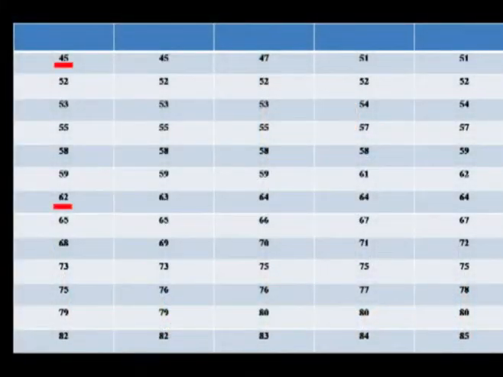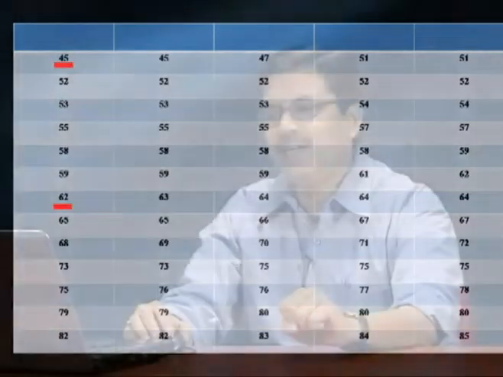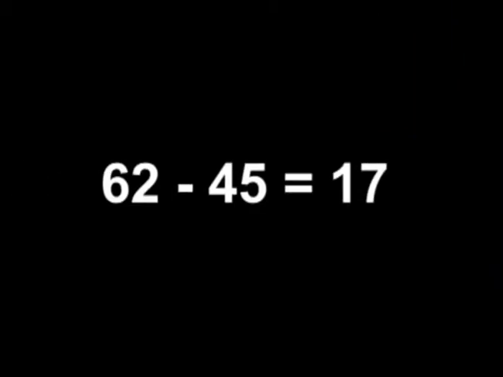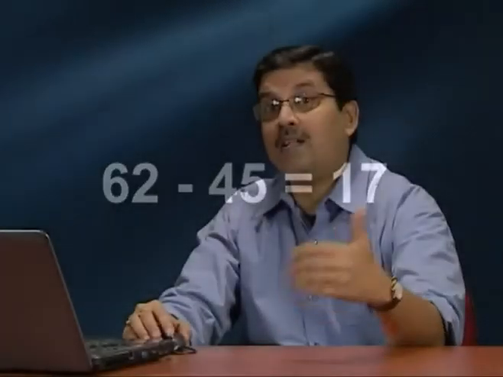Had the highest and the lowest values of the distribution been 62 and 45 respectively, the range would have been smaller. So 62 minus 45 is 17. Earlier it was 40 and now it is 17.